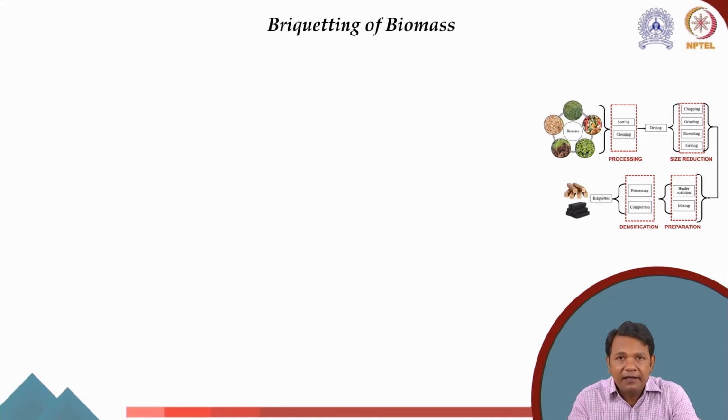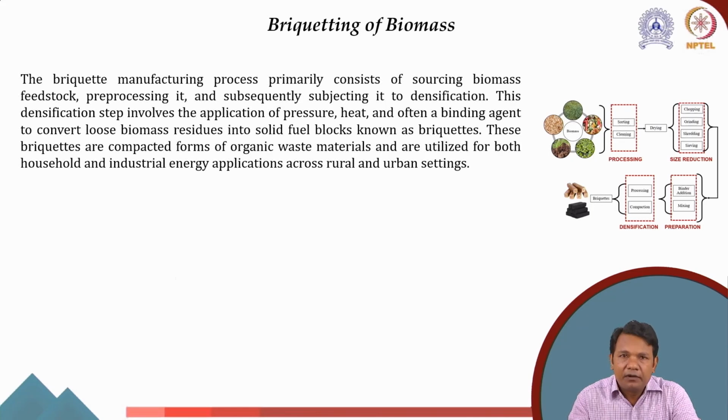If I say here the overall briquetting process, it primarily consists of sourcing the biomass feedstock, then pre-processing it, and then subjecting it to densification. This densification involves application of pressure, heat and binding agent. Why do we need it?